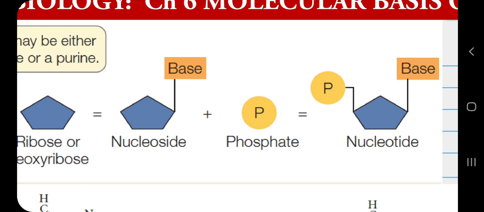You will encounter these terms throughout your class 12th biology book. Nucleoside simply means pentose sugar plus nitrogenous base. It may be any pentose sugar, ribose or deoxyribose, and that base may be adenine, guanine, thymine, cytosine or uracil.